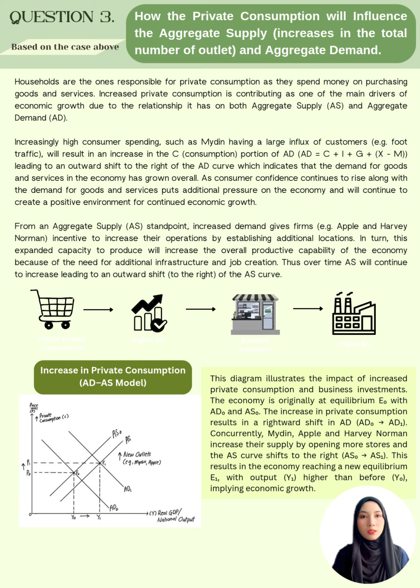Over time, this causes the AS curve to shift to the right as well. In conclusion, an increase in private consumption not only boosts aggregate demand in the short run, but also supports economic growth in the long run through expansion in aggregate supply.